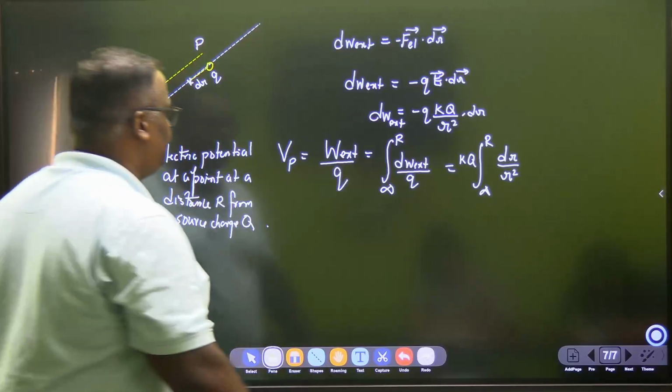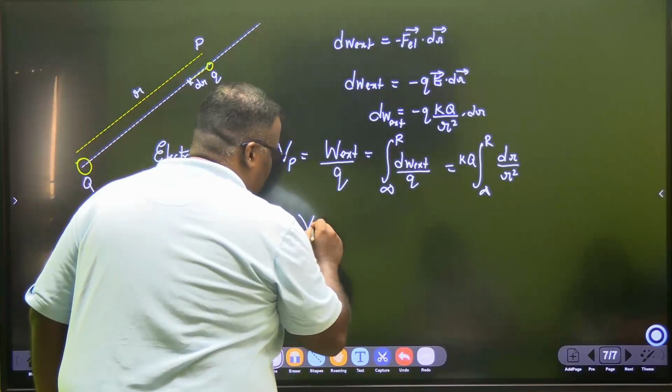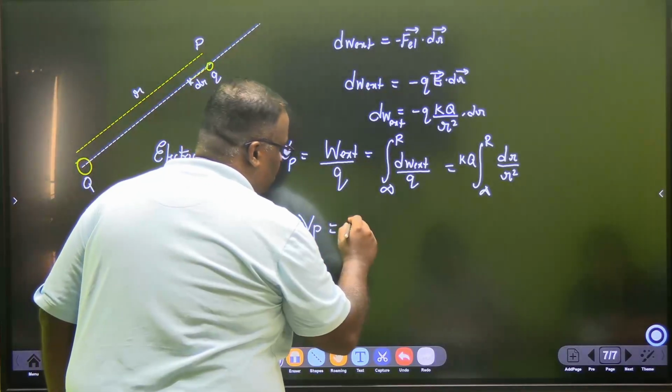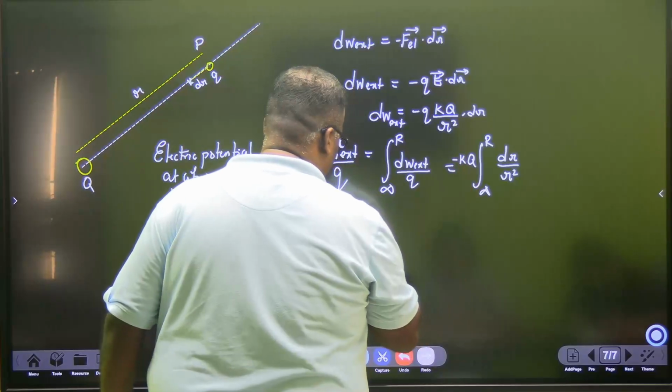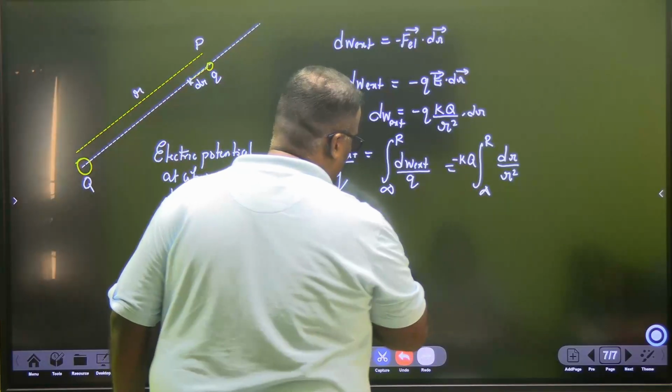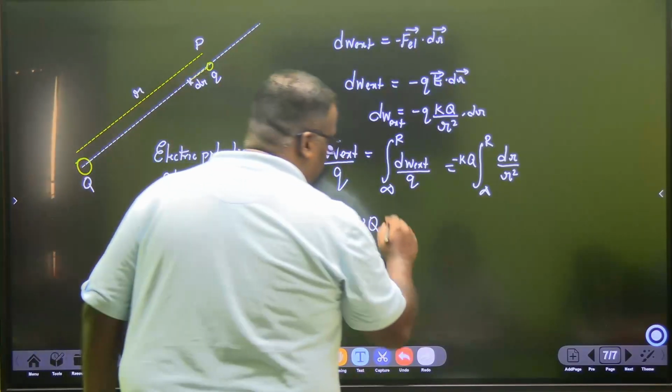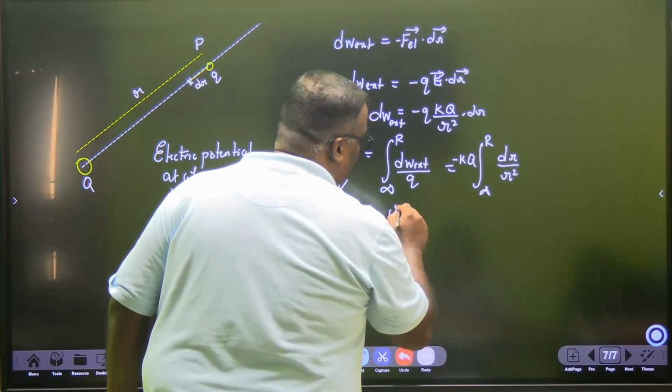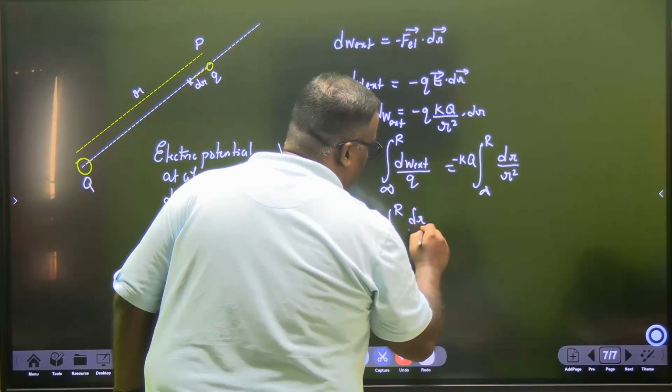Understood? So finally, Vp becomes equal to negative kq integral infinity to r dr by r squared.